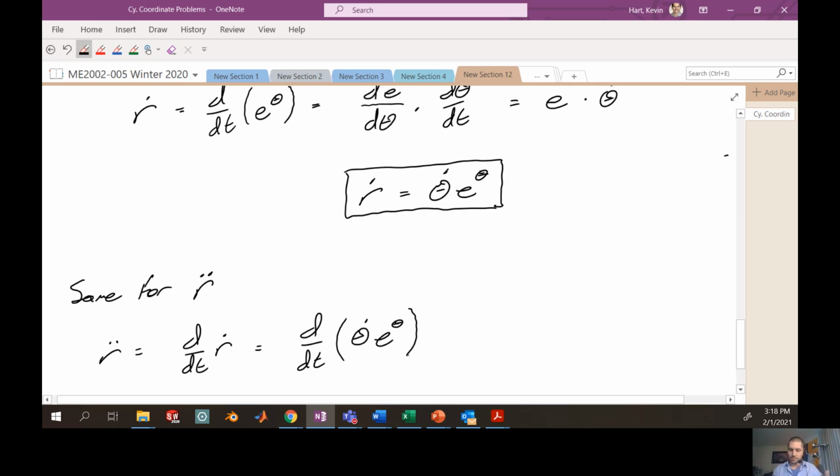Again, I can use my product rule on this. If I think about this as u and v, then you have u dv plus v du. That's my product rule in action here. And so we can get something like the derivative of the first bit times the second bit plus the first bit times the derivative of the second bit. Okay. That's with my product rule.